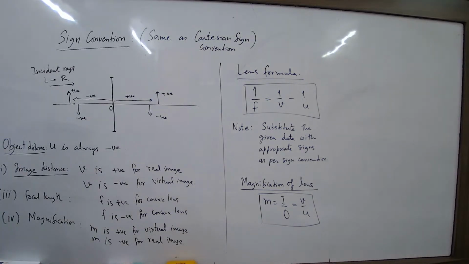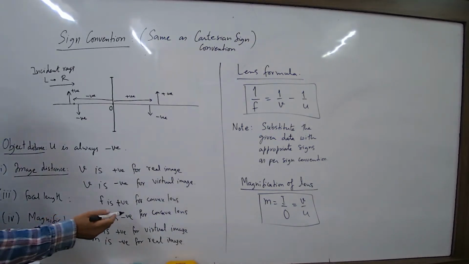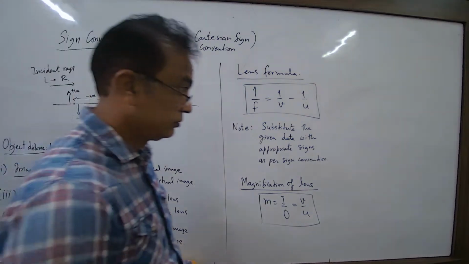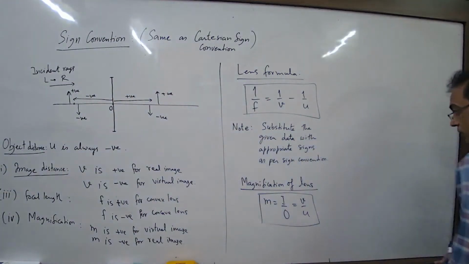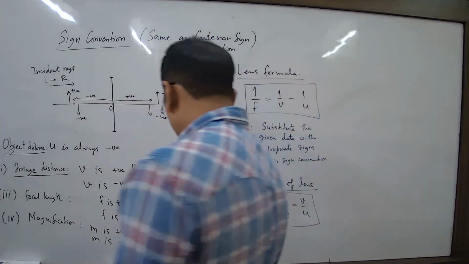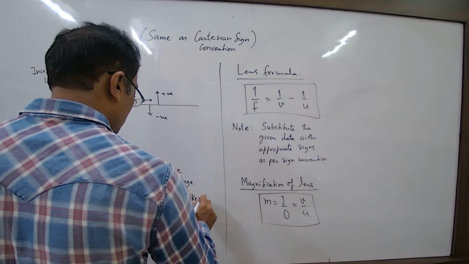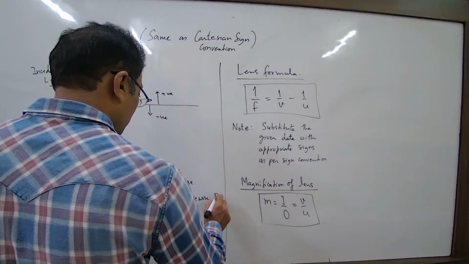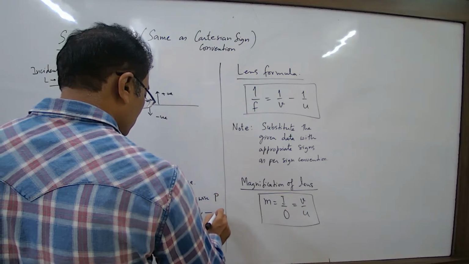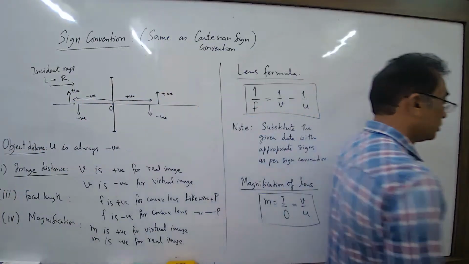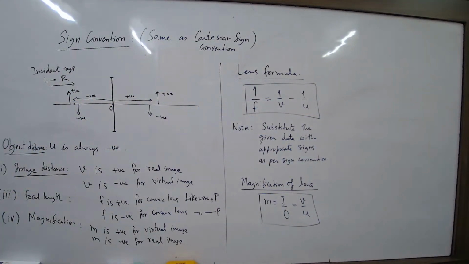Then what remains is power. The sign of power will be derived from the focal length. So only two things remain here. Power is positive for a convex lens and negative for a concave lens.